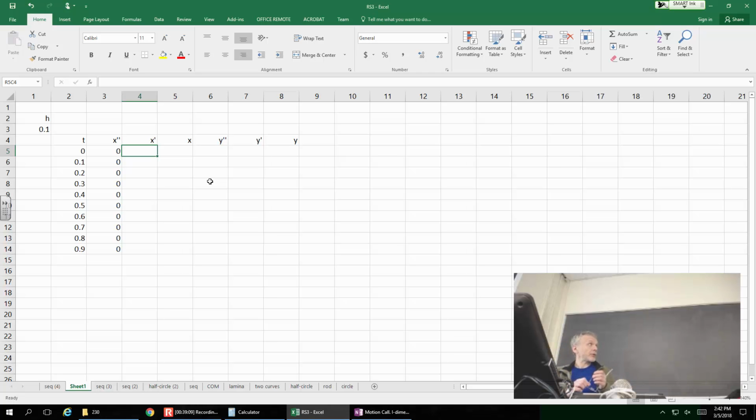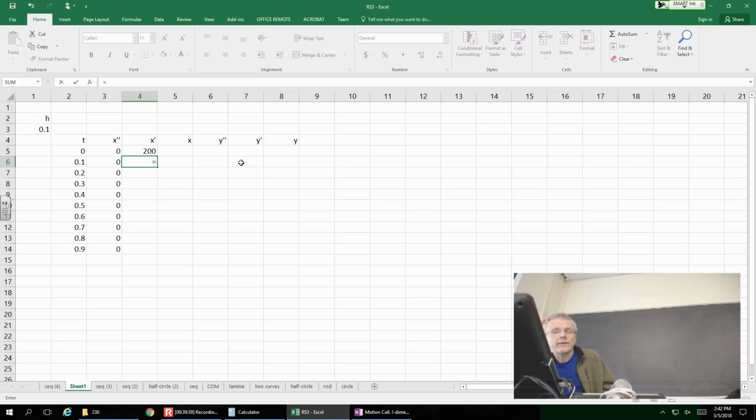We assume that during this short period of time between 0 and 0.1, the acceleration remains the same. So the velocity is equal to the initial velocity. Our initial horizontal velocity was 200, so I put it here. Then I increment my velocity based on the acceleration.